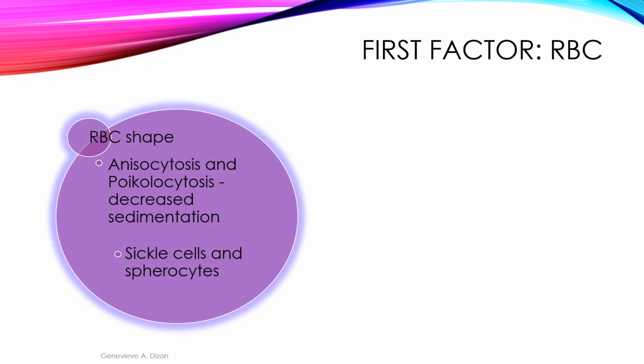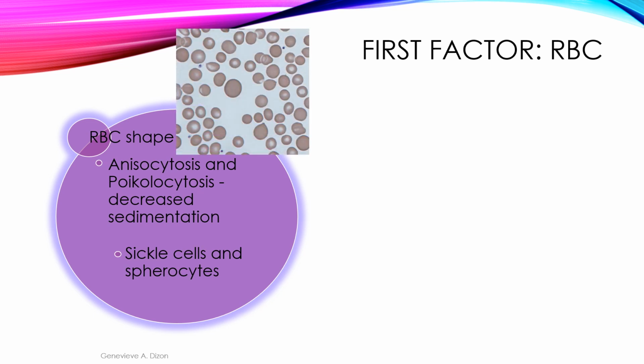Other red blood cell conditions to consider in ESR determination would be red blood cell shape. Anisocytosis and poikilocytosis can both decrease the sedimentation rate. These conditions can reduce the ability of red blood cells to form large aggregates, therefore giving a decreased sedimentation.